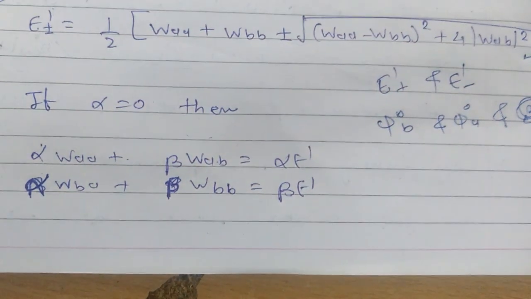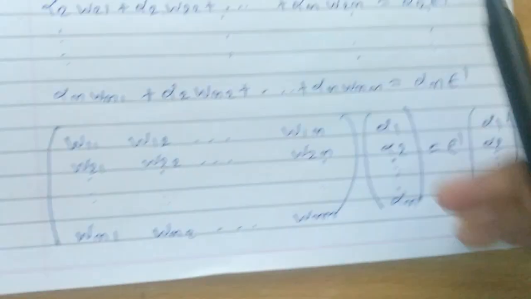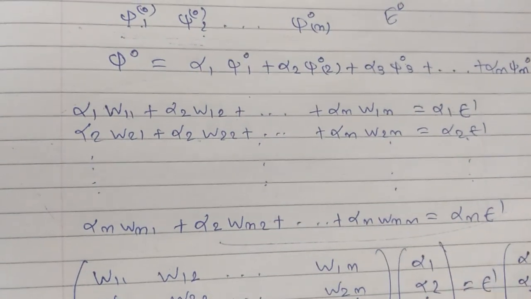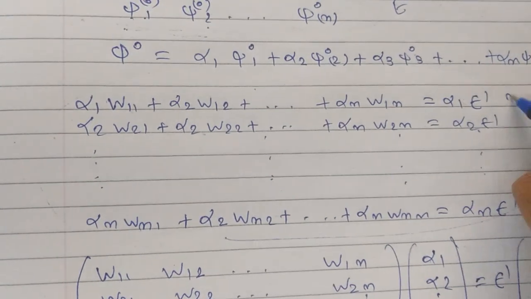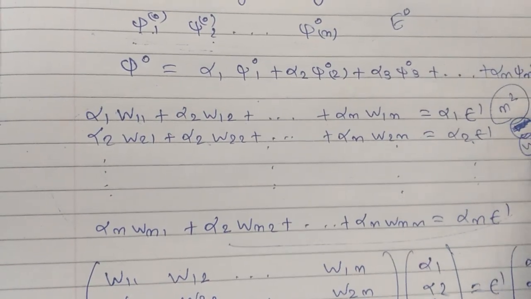For two-fold degeneracy we had two equations. For n-fold degeneracy we'll have n equations with an n by n W matrix.